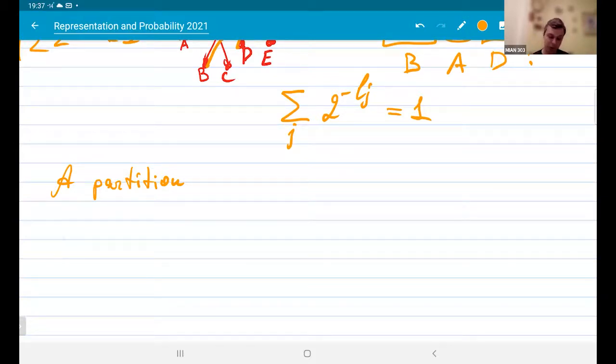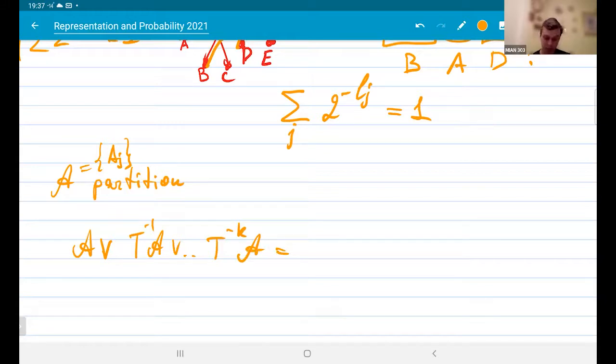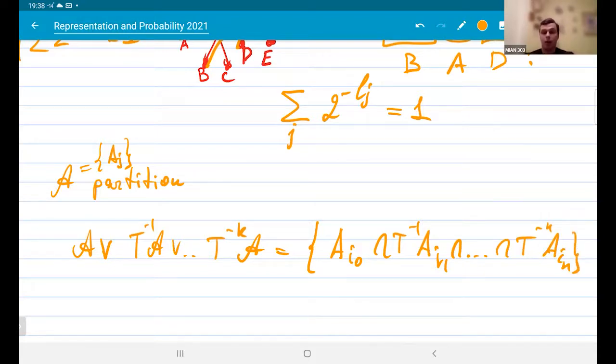So you can say that your new partition is the following: each set of this partition is a set of all x such that x belongs to A_i0, Tx belongs to A_i1, and so on.